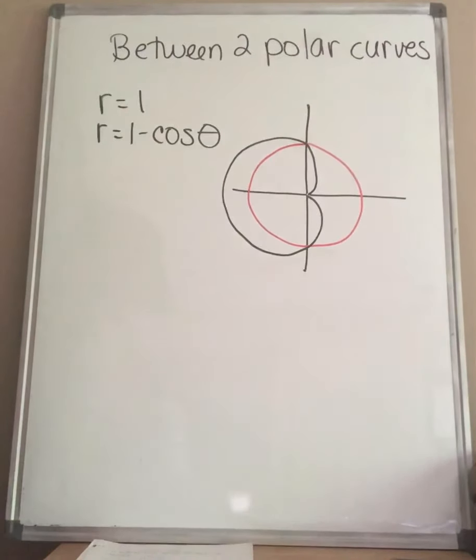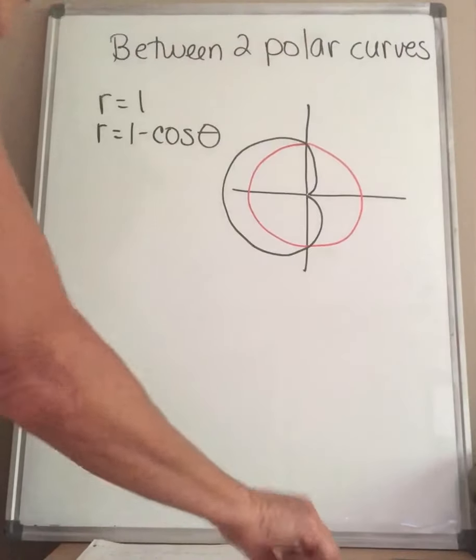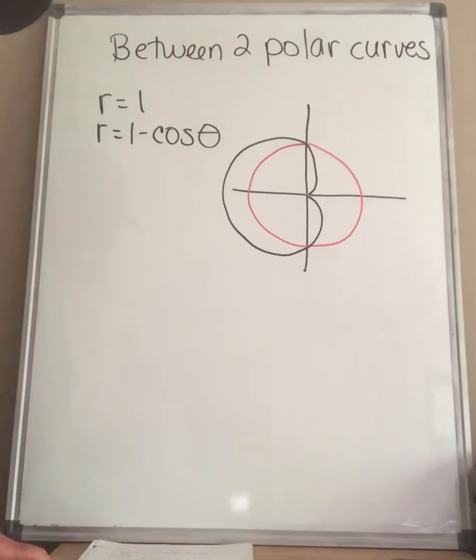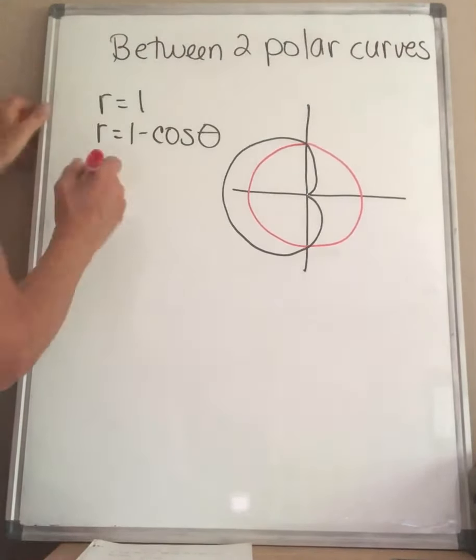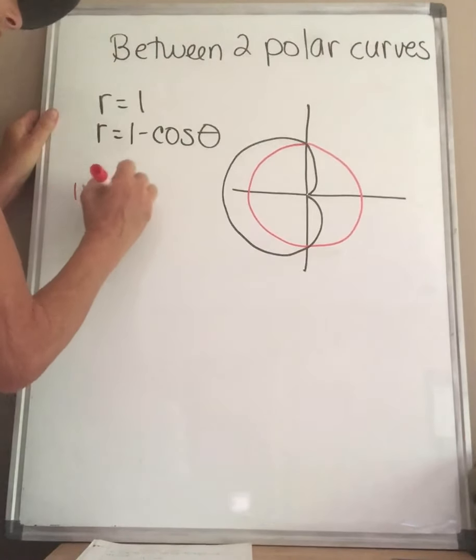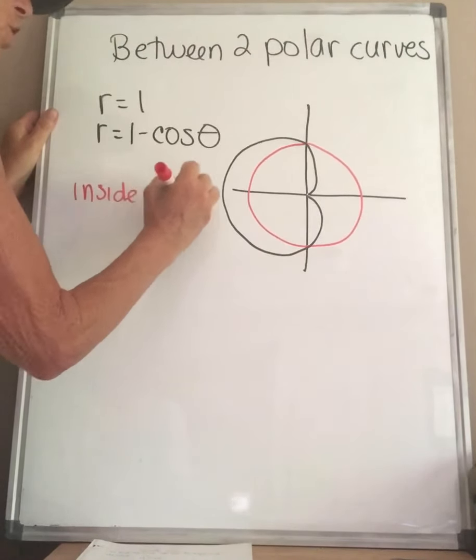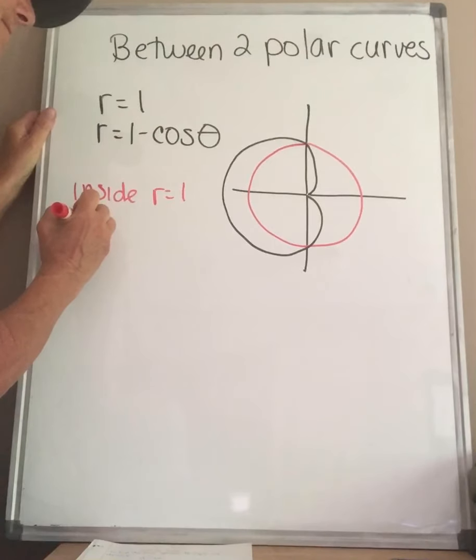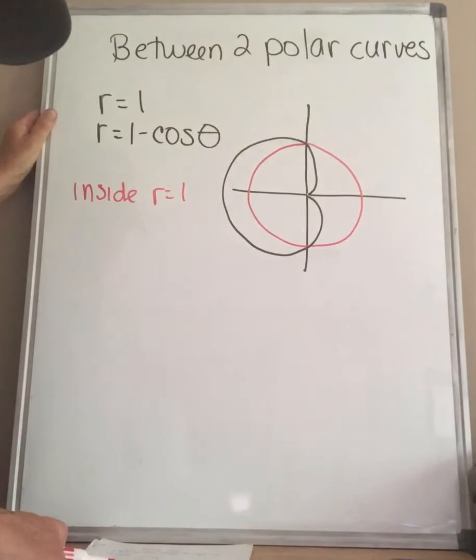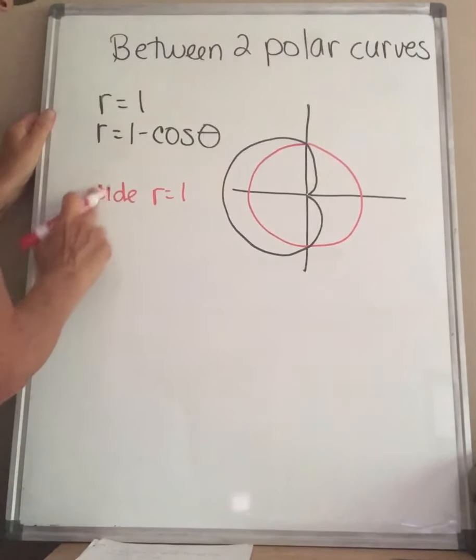If I ask you to find the area, I'm going to give you two separate questions here. Inside r is equal to 1. I think I got that wrong. Nope, I'm sorry, outside, my mistake.